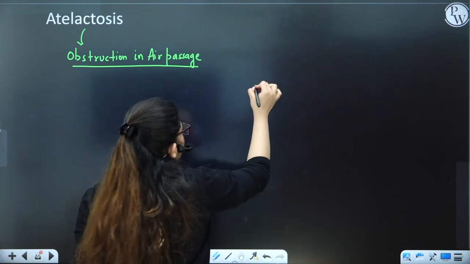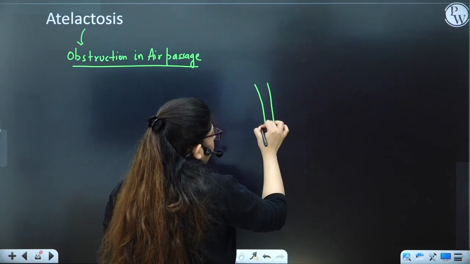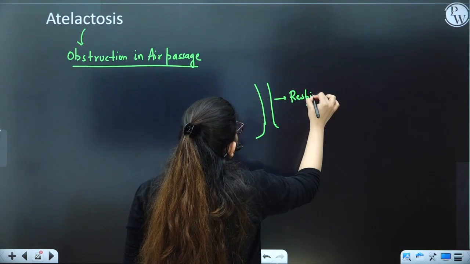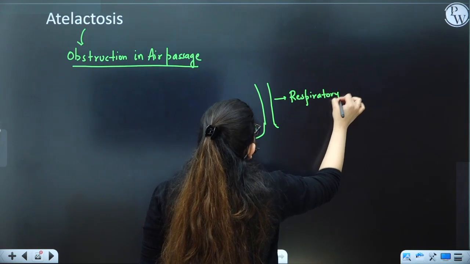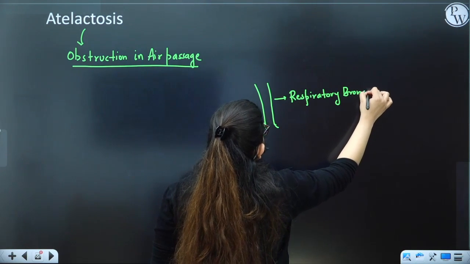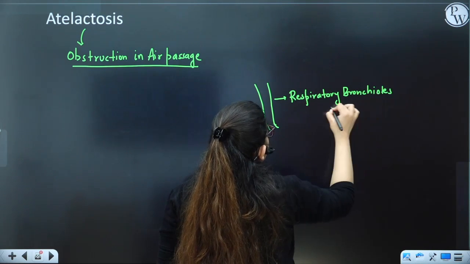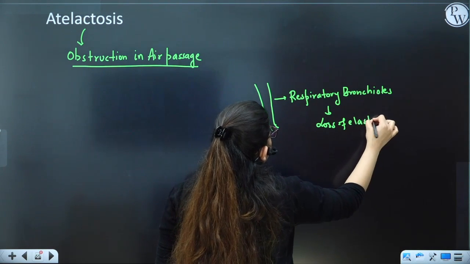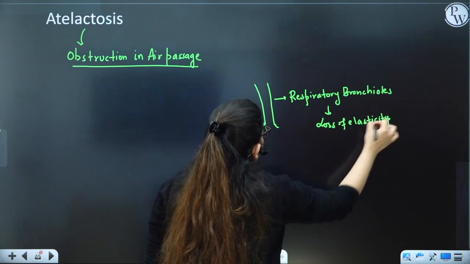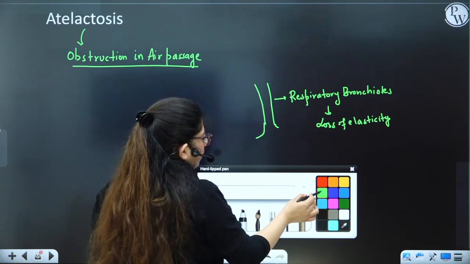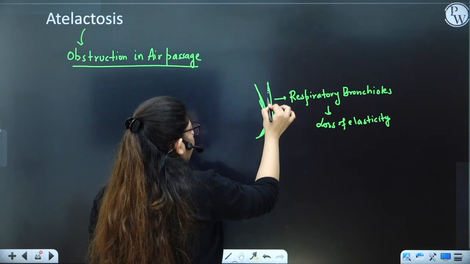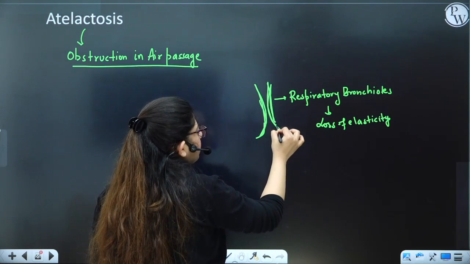If I'm saying this is the bronchi or respiratory bronchiole, what is this? Respiratory bronchiole. If the respiratory bronchioles get damaged, there will be a loss of elasticity. And now when the air moves out, the bronchioles will get contracted like this.